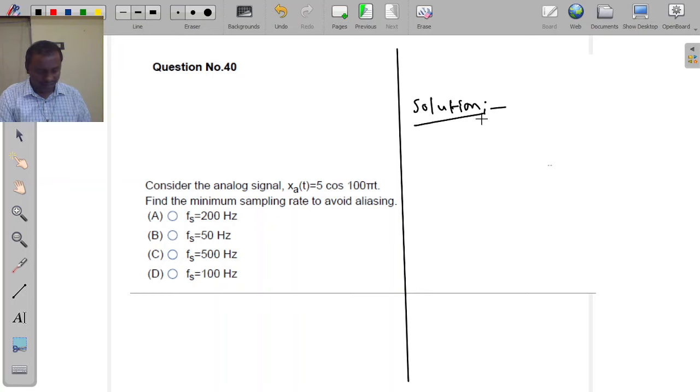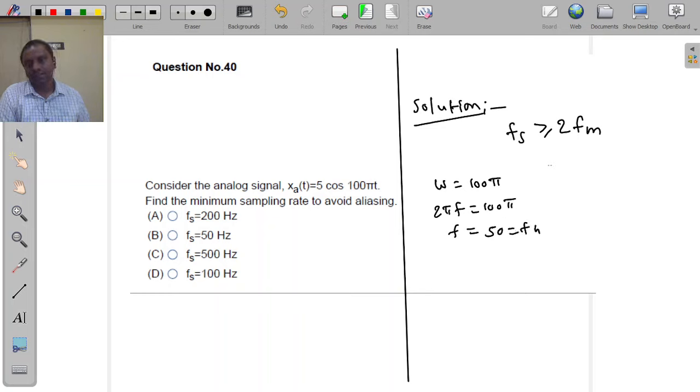To avoid aliasing, the minimum sampling rate must be greater than or equal to twice the maximum frequency. Having only one signal, omega is given as 100 pi. So 2 pi f is 100 pi, f is 50. That itself is fm.